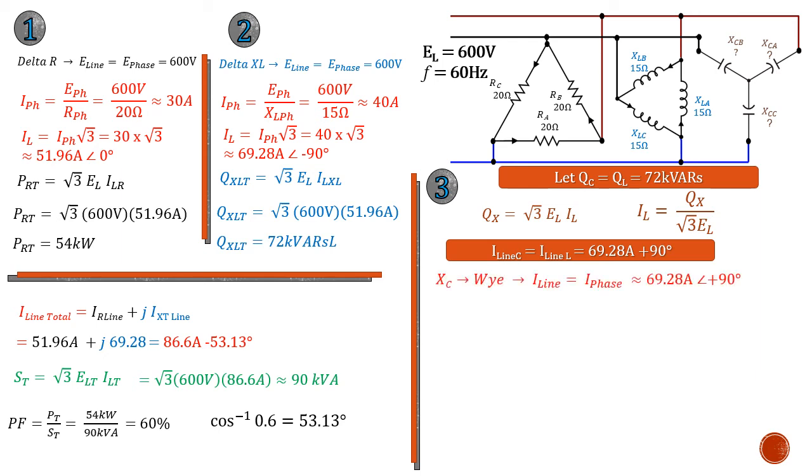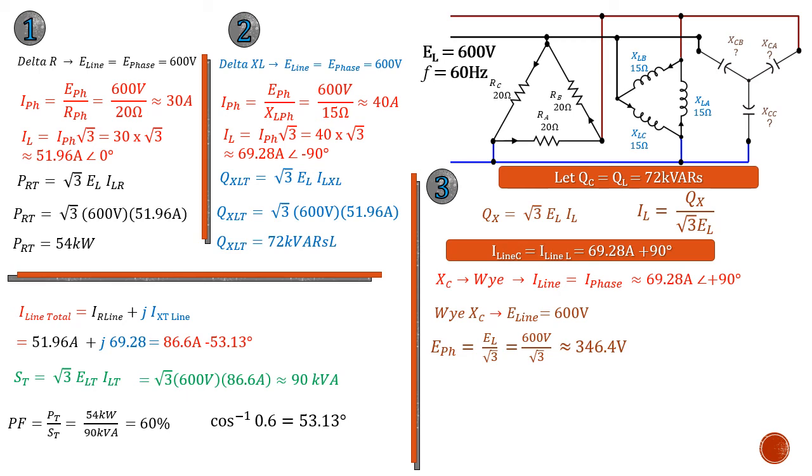Our capacitance is connected in a Y configuration. And as we know from previous, line currents and phase currents are the same in Y connected loads. However, when it comes to a Y, our line voltage is 600 volts, but our phase voltage is less.